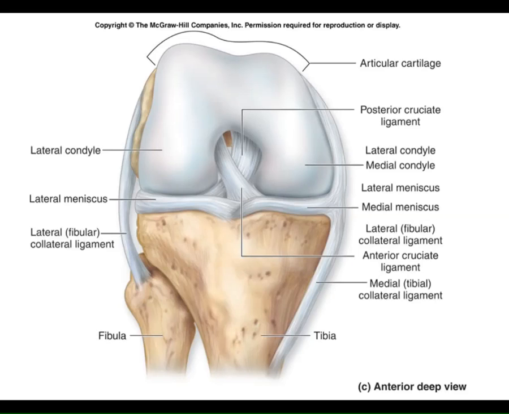Now, let's look at that ACL and PCL in this image. This is the anterior view of the knee. So that means, and I can kind of tell, because I'm looking at this spot right there, and that would be what again? That bump right there is the tibial tuberosity. So this is the anterior view, and here I see a crisscrossing structure.